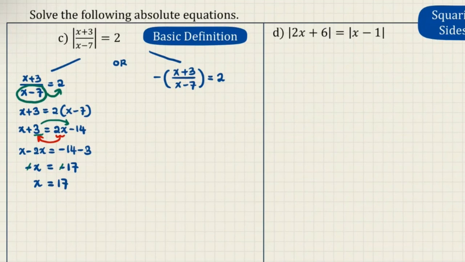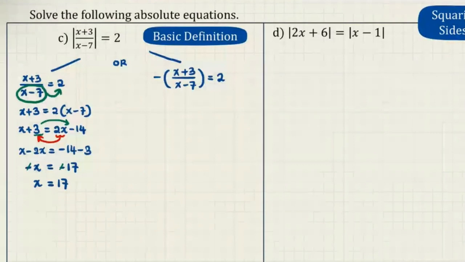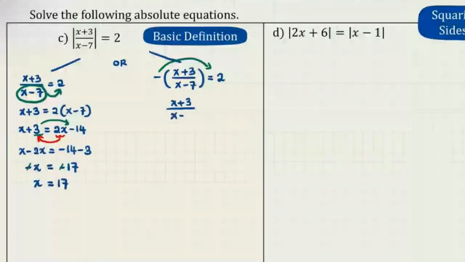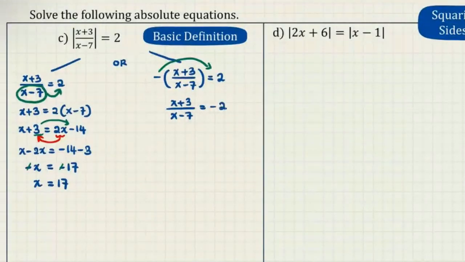And then for the second answer, first of all, we will multiply the negative to the right hand side first. So I get X plus 3 over X minus 7 equals to negative 2.